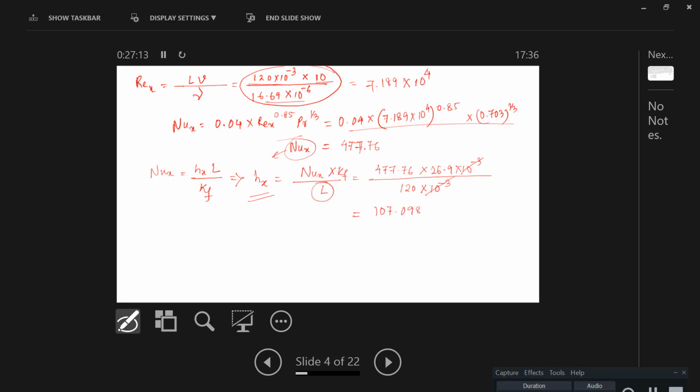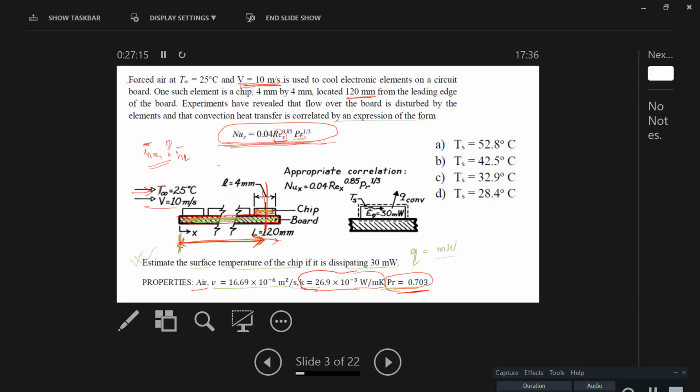107.09. Okay. So what have they asked to find out? They have asked to estimate the surface temperature of the chip. So Q, the heat dissipation, is given, and you have found out what is h. So you can directly find out now what is the surface temperature.